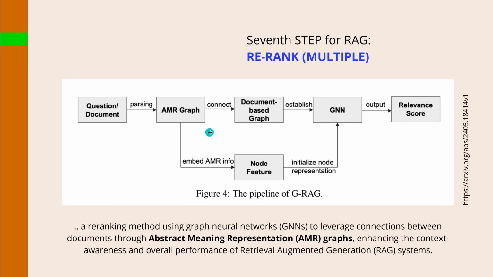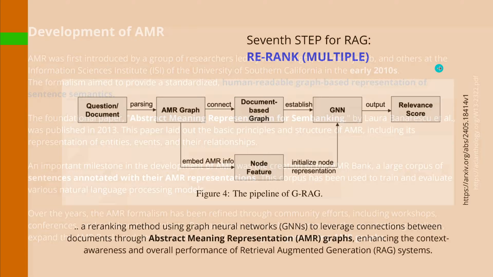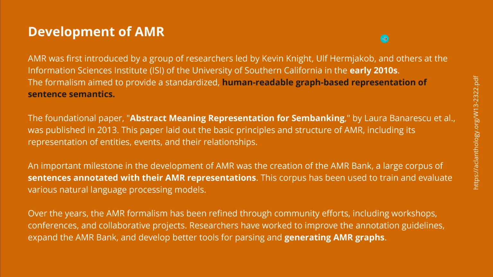And I had no idea what it is. Then I learned here, it is all about that you build a graph, but you do not build a graph of these documents that you have, but you build an abstract meaning representation graph. Now, I have to tell you, I'm not a linguist. I'm a theoretical physicist. So I ask here GPT-4, what is AMR?